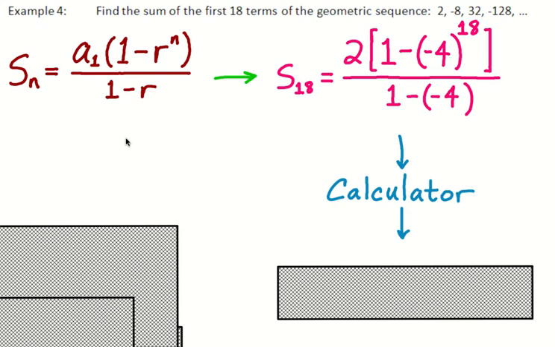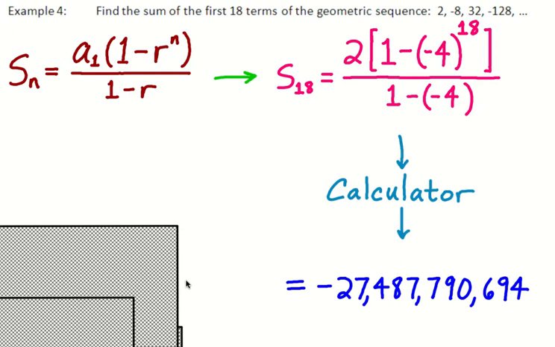Otherwise you have to remember putting parentheses around the entire numerator and another set of parentheses around the entire denominator. But whatever, this is what you get. And yeah, it's a big number. That's going to happen pretty easily with these geometric sequences.